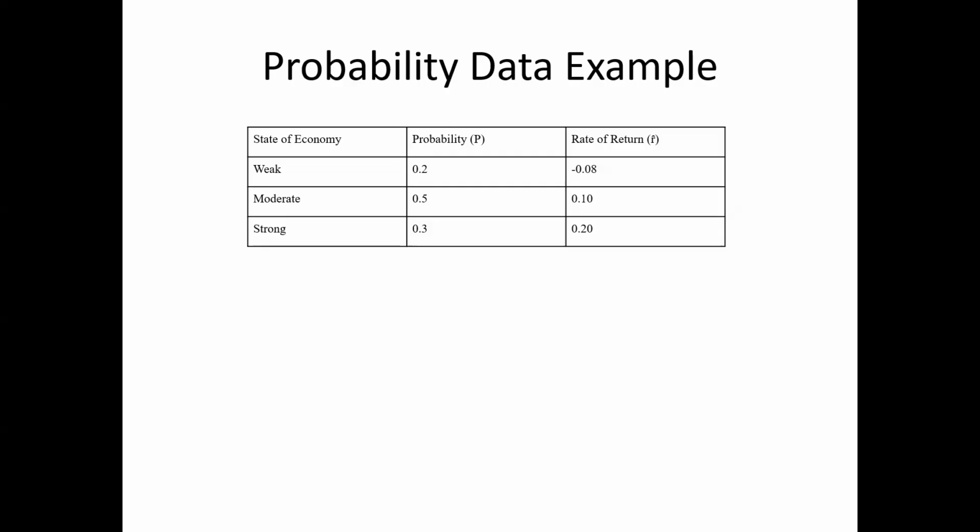Then in a moderate state of economy, the firm is likely to get a return of 10% or 0.10 at a probability of 0.5, that's 50%. Then in a strong economy, when the economy is very vibrant, the firm is likely to get 0.20 at a probability of 0.3. So that's the information we have, and they're asking us to find the return and the risk.